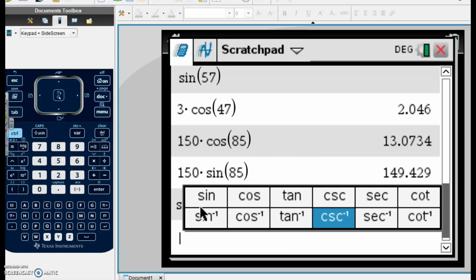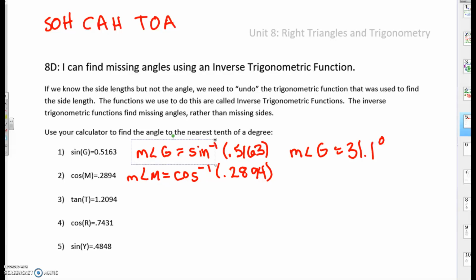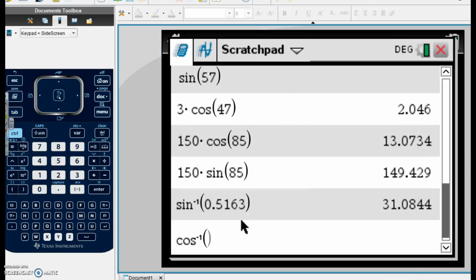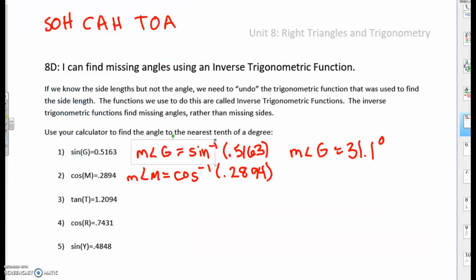Cosine inverse of 0.2894, and we get 73.2 degrees. So that means that the measure of angle M equals 73.2 degrees.